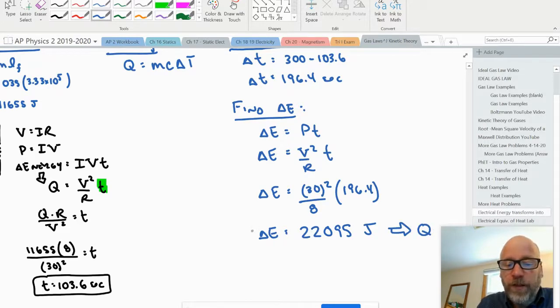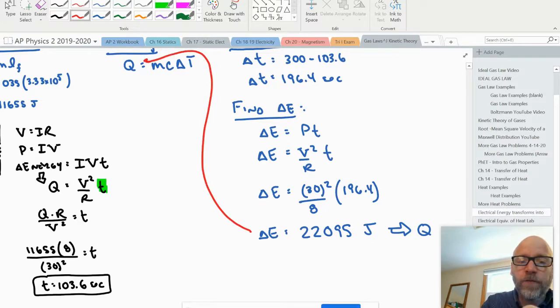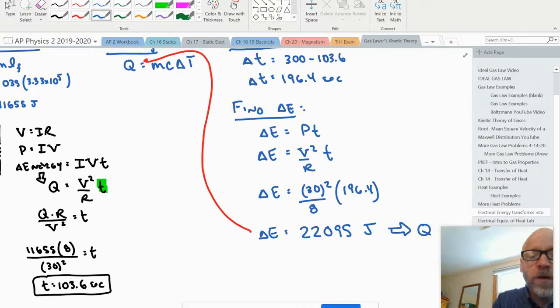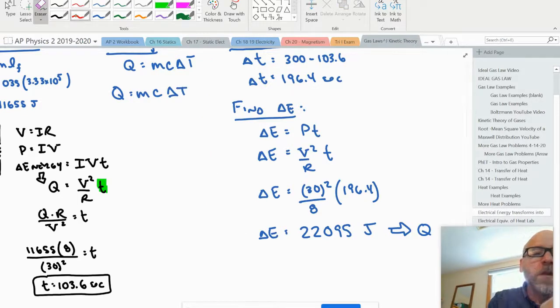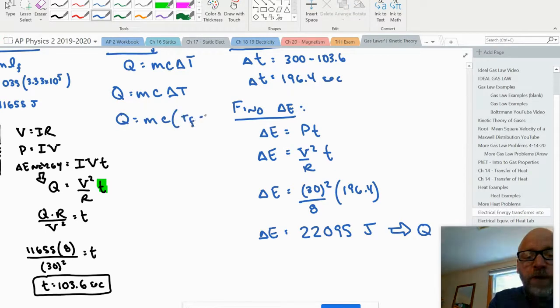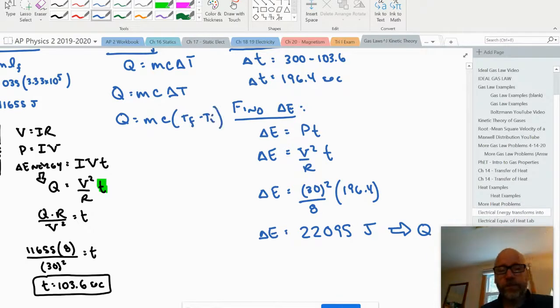So I'm going to take that value and plug it in back up here. So let's do it. So Q equals MC delta T. Q equals MC temperature final minus temperature initial.